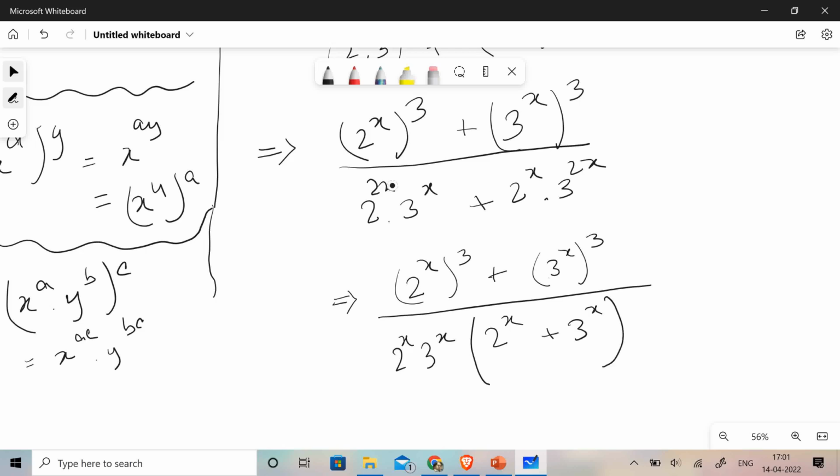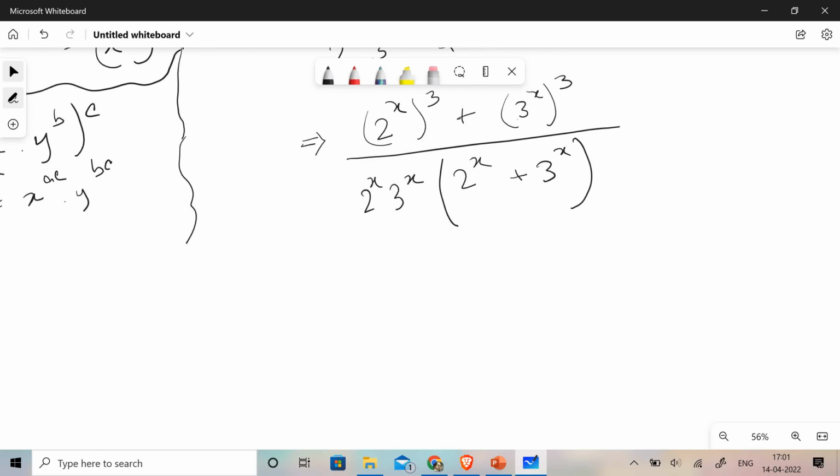Okay, now we have actually done a pretty good job, right? Because we have found the pattern of the equation. So just to simplify the term so that we don't have to write this whole cumbersome thing again, let's assume 2 to the power x as a and 3 to the power x as b.